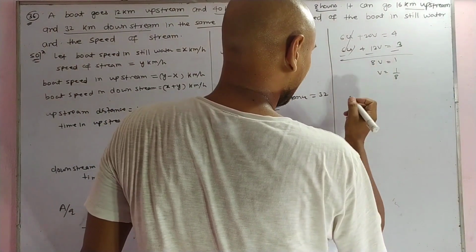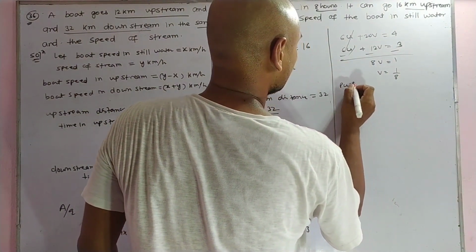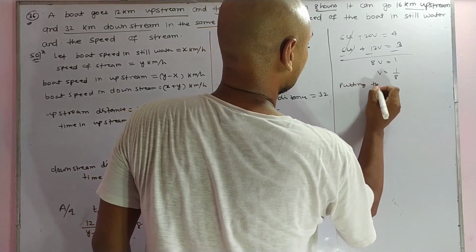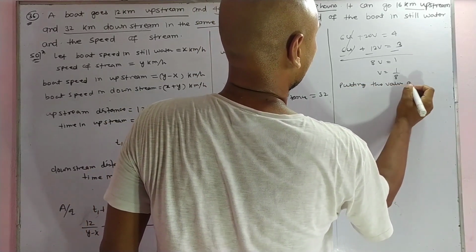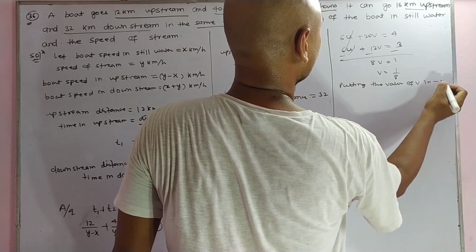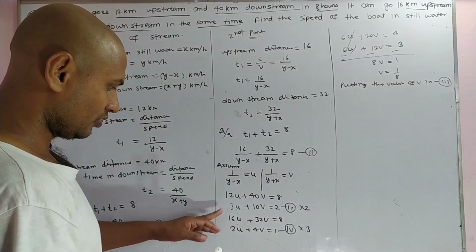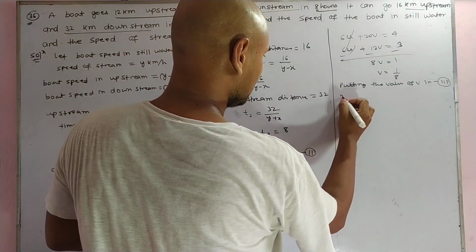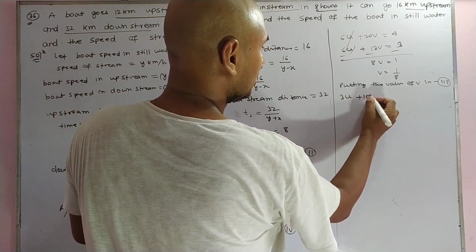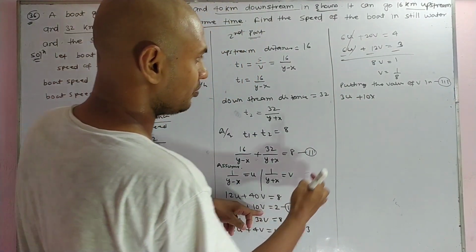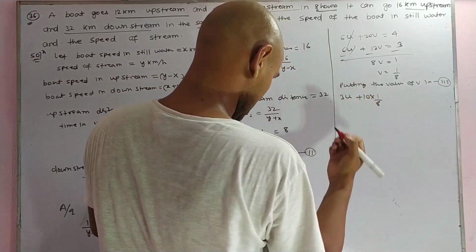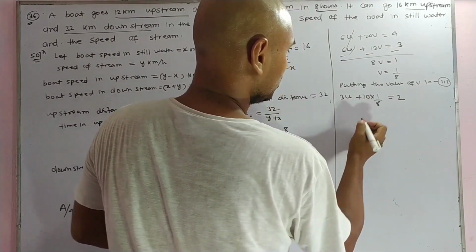Okay. Again, by putting the value of v in equation number 3 or 4. You put the value of v in 3, you get 3u plus 10 into 1 upon 8 equal to 2.